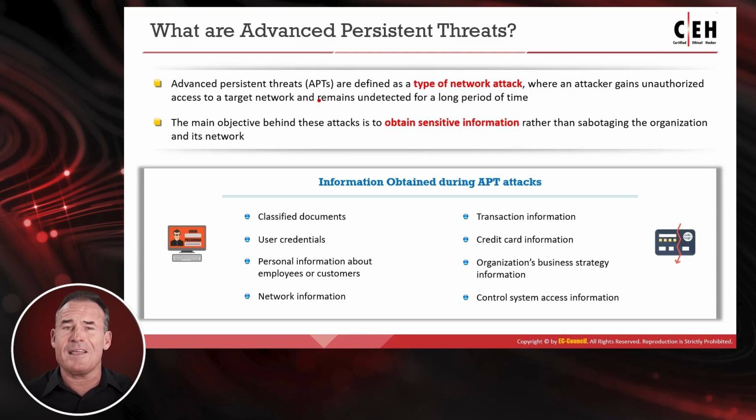So something makes it inside or past your perimeter security, it installs itself, nobody notices, and over an extended period of time, it is sending data off to the attacker. Advanced persistent threats go unnoticed for extended periods of time. And the information obtained during APT attacks could be anything of interest: classified documents, user credentials, network information, etc.